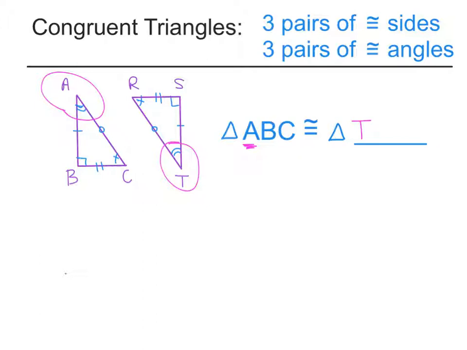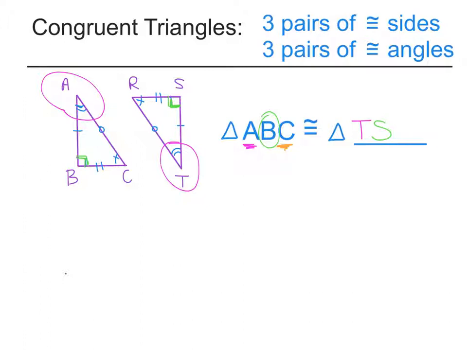Now I see that B is second. So if B is the second letter, then I have to figure out, well, who matches up with B? B is a right angle here, and that matches up with angle S also being a right angle. So S must be the second letter because those are congruent angles. So for my third letter, who's left?